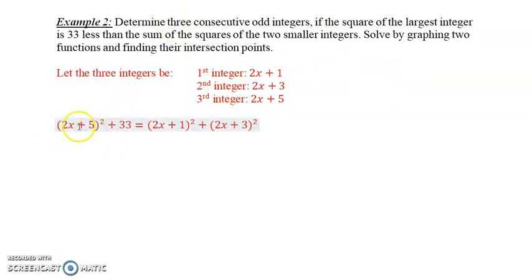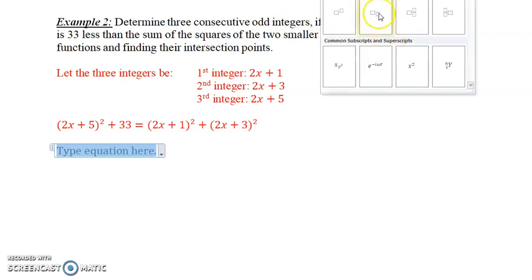So once you have the equation here, now we're going to make 2 separate functions. We do this on our graphing technology. I'm going to do it both on Desmos and on our graphing technology.